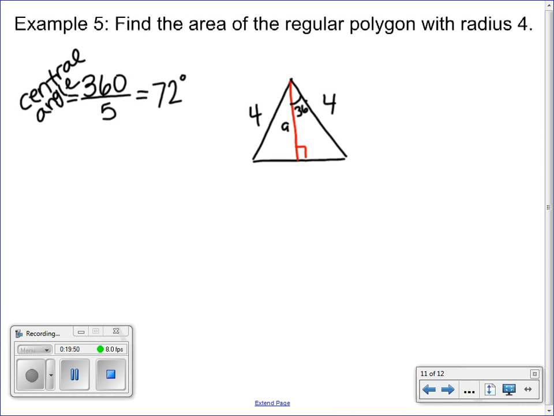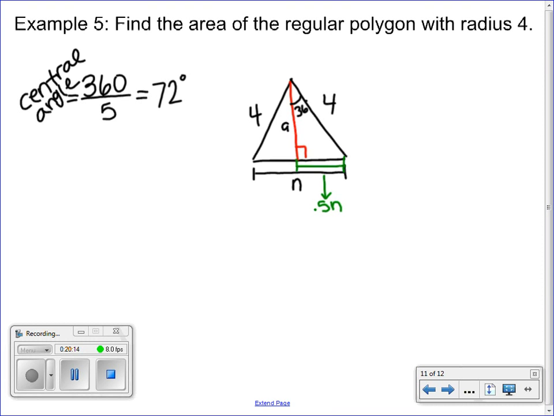I label the apothem A, and I label the side of my pentagon n. Again, since our apothem cuts my triangle in half, what I've labeled in green is half of n, or 0.5 of n.